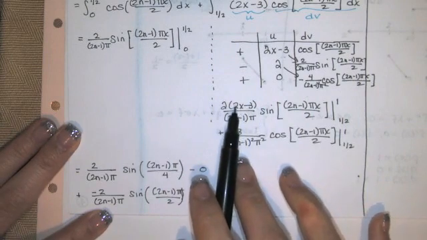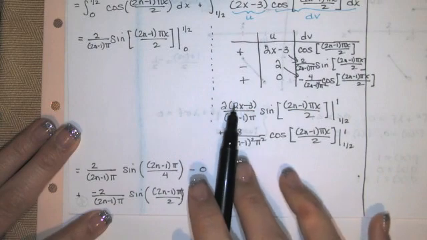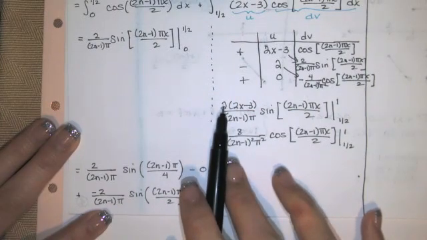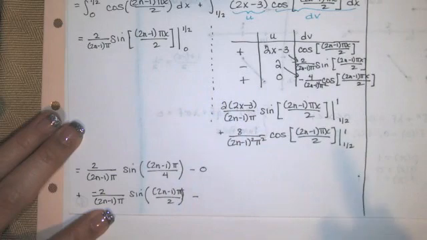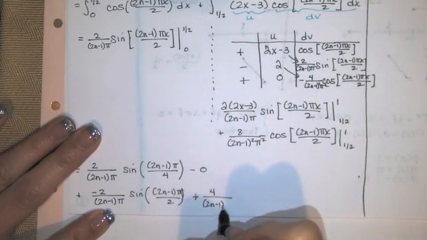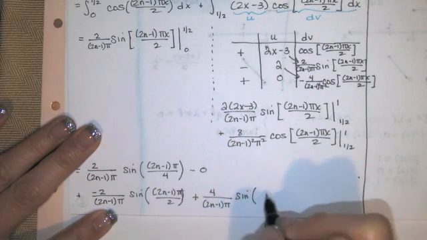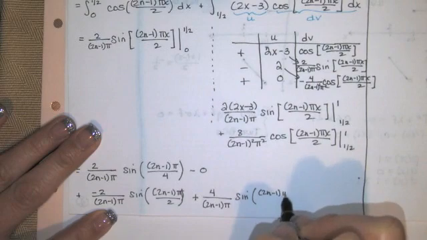So we'll have 1 minus 3 is -2. -2 times 2 is -4, and we're subtracting that. So we're going to add 4 over 2n minus 1 times pi times sine of 2n minus 1 times pi.